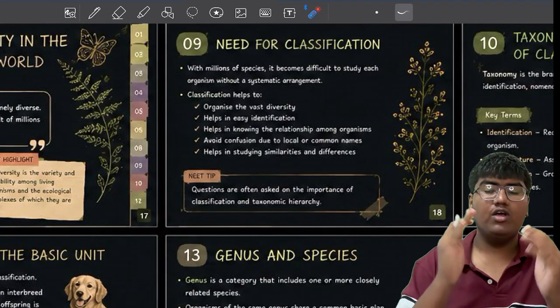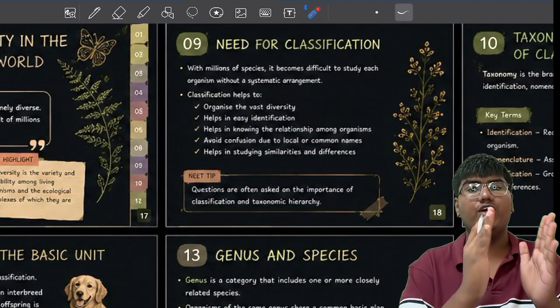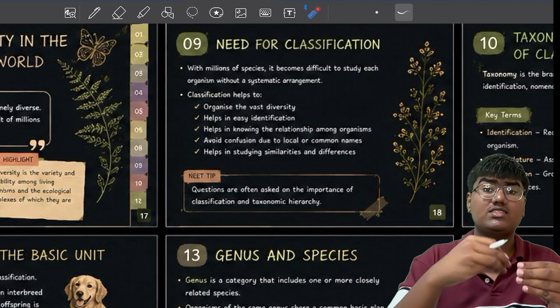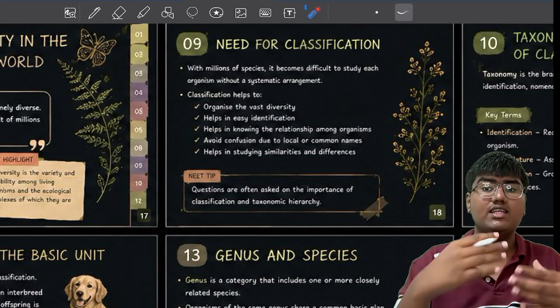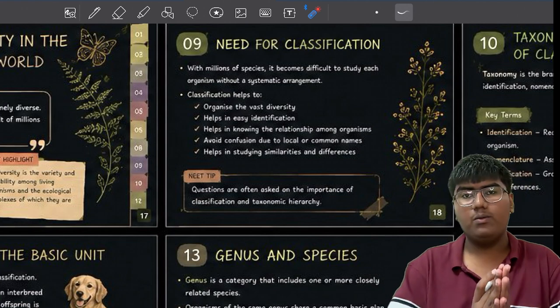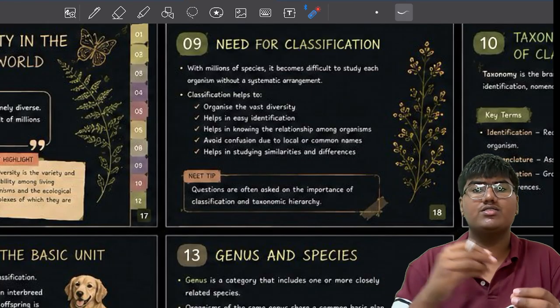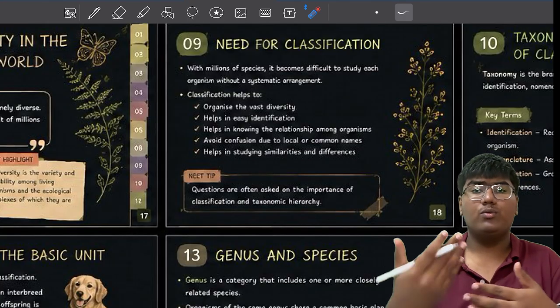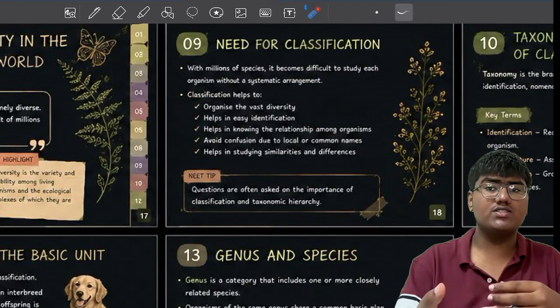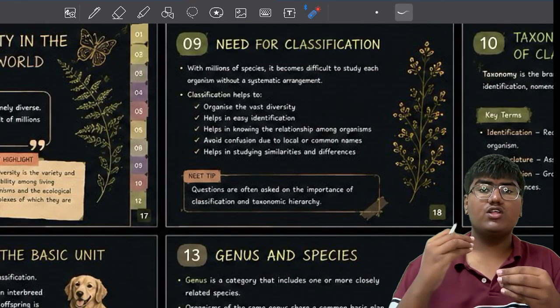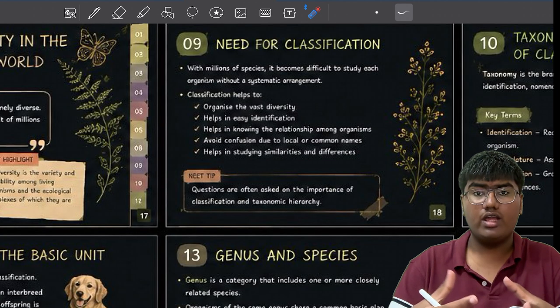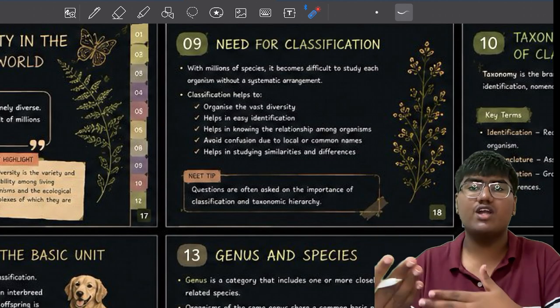Like if I have all the fungi classified in one class, I can easily study all the fungi by studying their common features, the mode of reproduction, the mode of nutrition, the special features they have, the cellular structure, their metabolic reactions easily, the same way as we study plants.